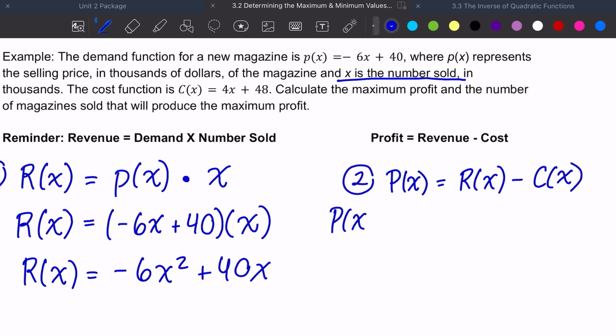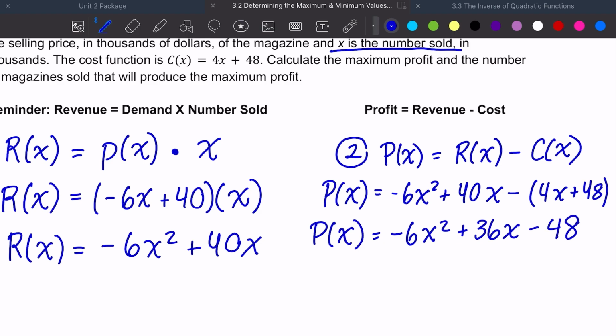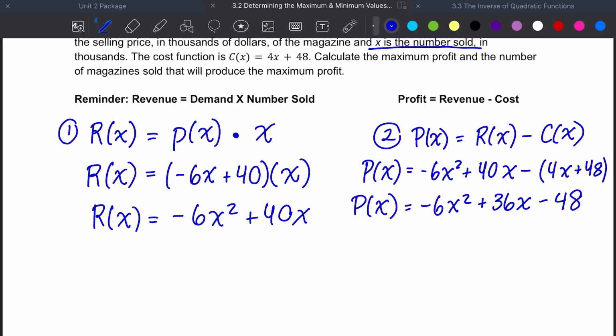So now this guy that we just found, negative 6X squared plus 40X, minus our cost function, 4X plus 48, which then simplifies to negative 6X squared. And then I've got 40 minus 4, so 36. And then just minus 48. Voila. Now that we have this profit function, that's the one you're going to factor and find the vertex of.